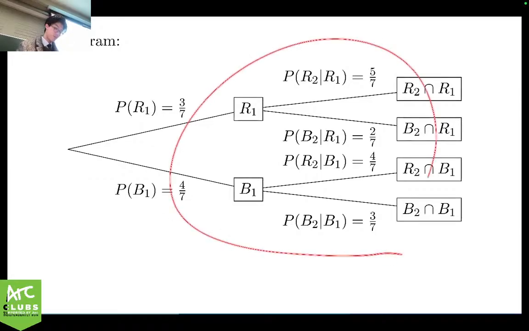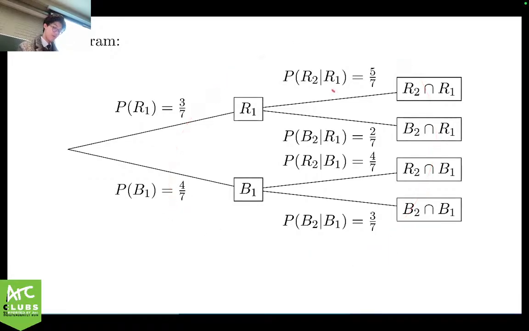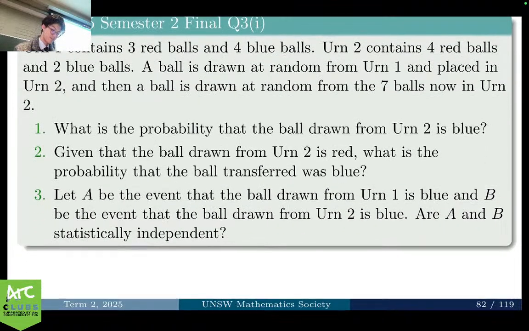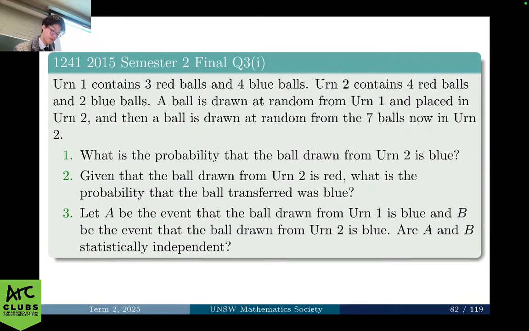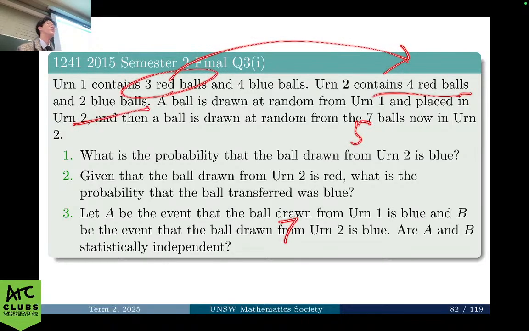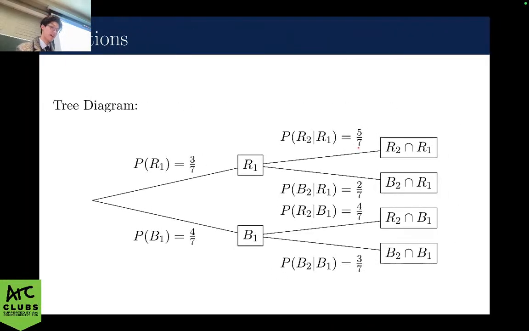And then these represent all the other probabilities, where, given that R1 has already happened, so the first ball drawn from urn 1 is red, then the probability that the second one is also red is now 5 on 7. Because now, instead of 4 red balls, if we take out a red ball from urn 1, we now have 5 red balls and then 2 blue balls. So in total we have 7. So now that probability becomes 5 on 7, as we see here.